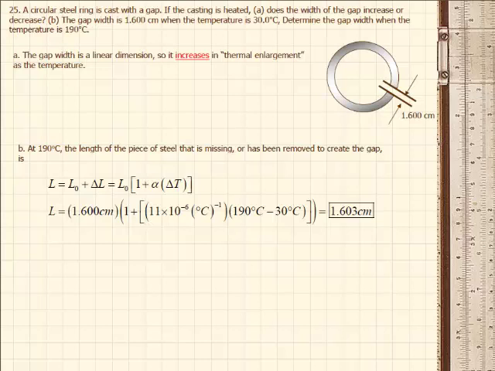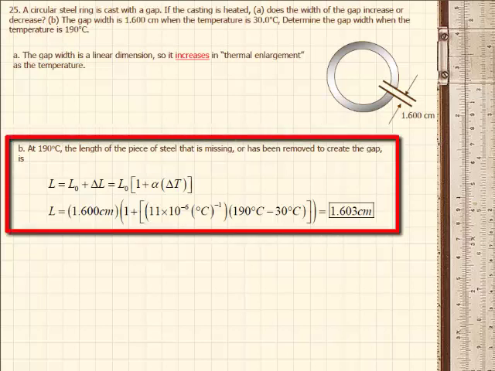So now let's look at what happens. Let's prove it mathematically. We're going to go from 30 degrees Celsius up to 190 degrees Celsius and look at how this in fact increases. So at 190 degrees, the length of the piece of steel that is missing or has been removed to create the gap is defined by that relationship for determining the length, the coefficient, and the change in temperature.